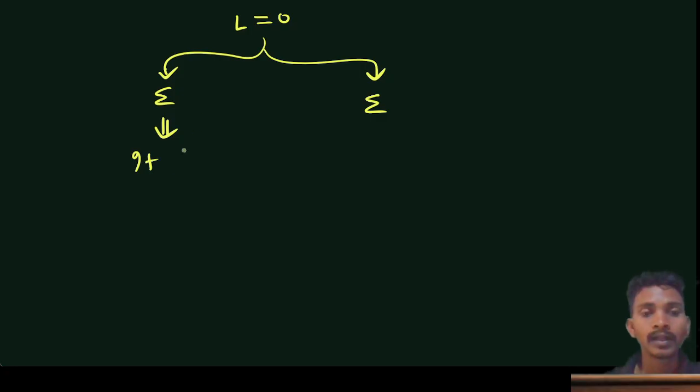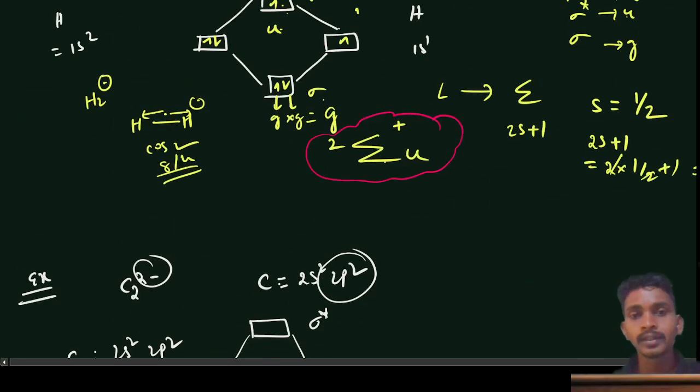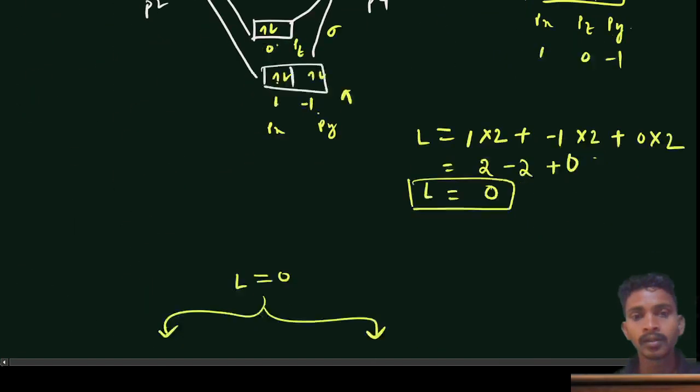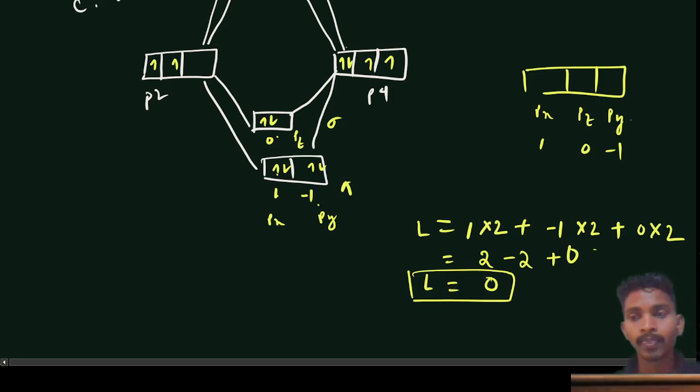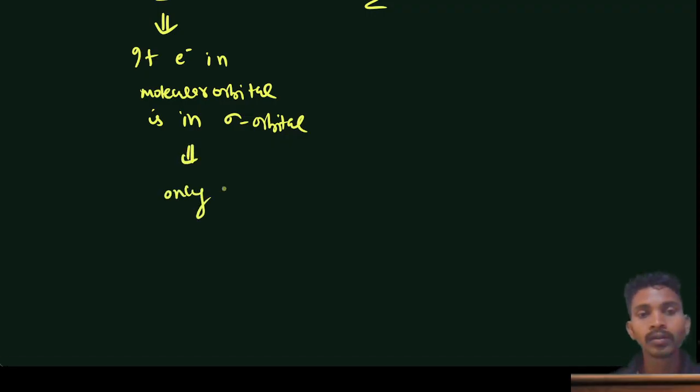If electrons are in sigma orbitals, then only positive will come, only positive value.